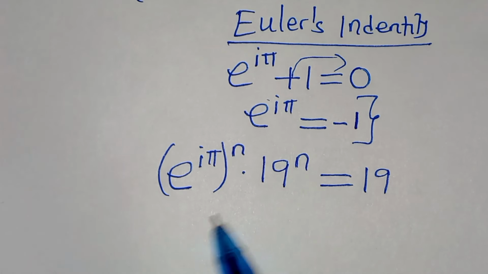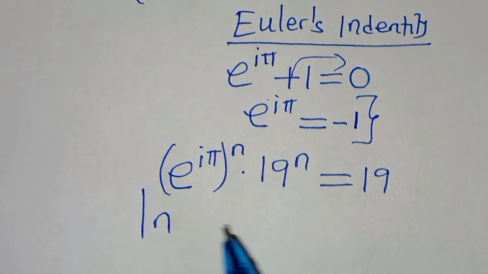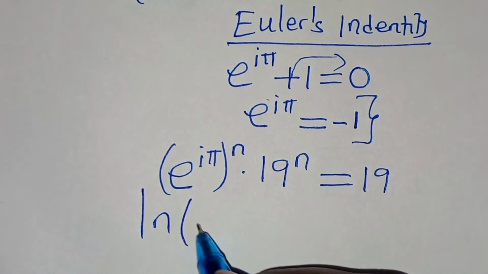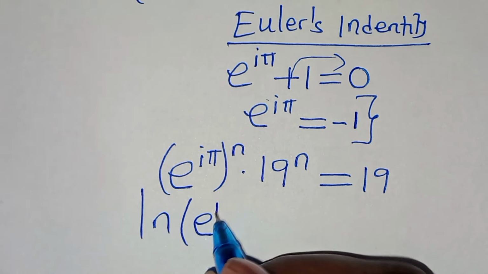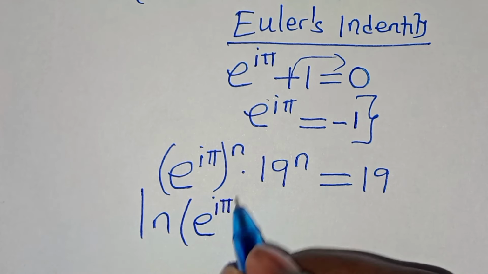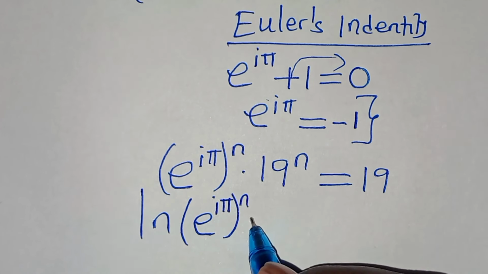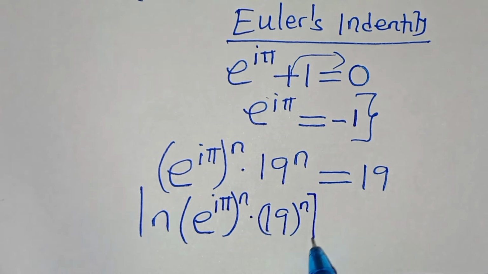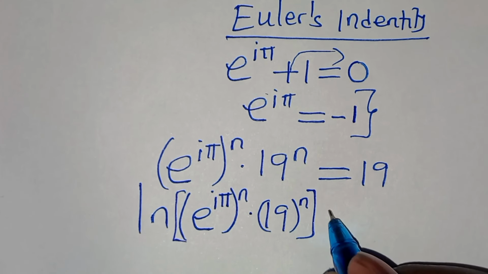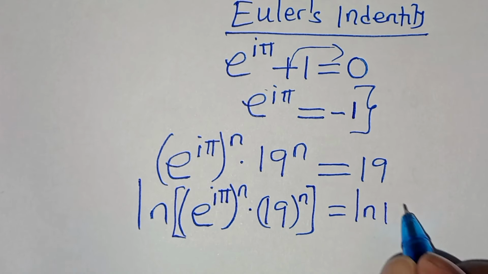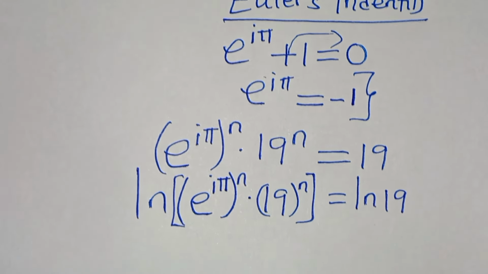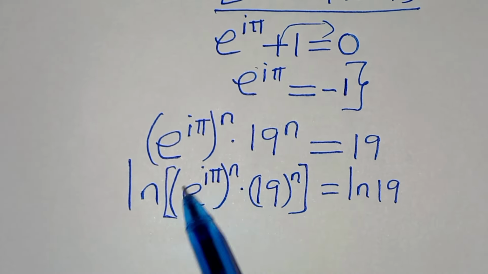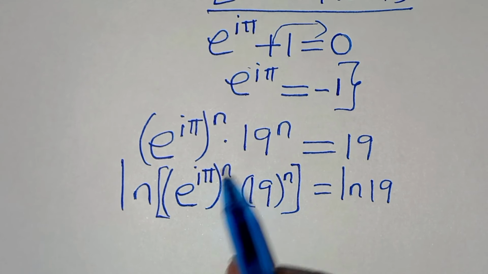The next step from here, we can introduce natural log on both sides. We have ln of (e^(iπ))^n times 19^n, equal to ln of 19. Now we have (e^(iπ))^n.